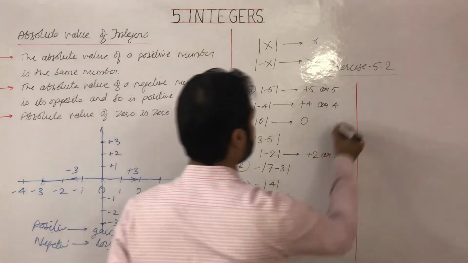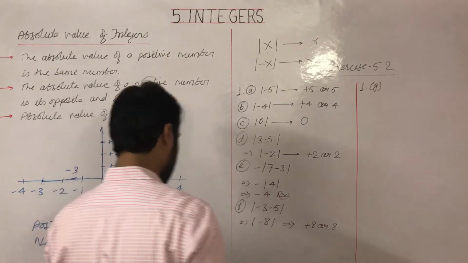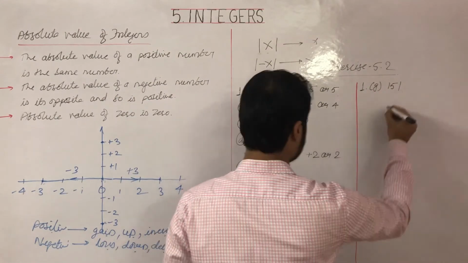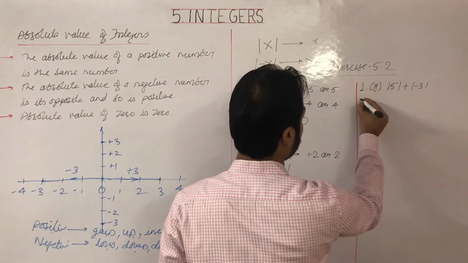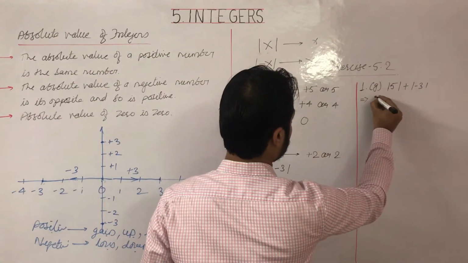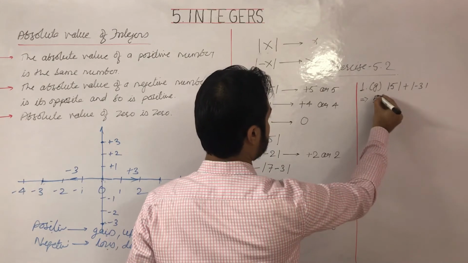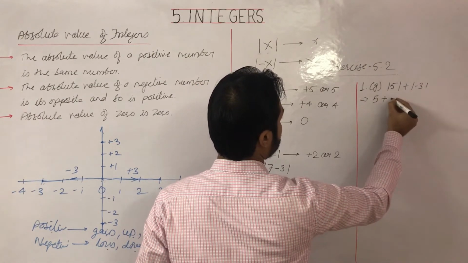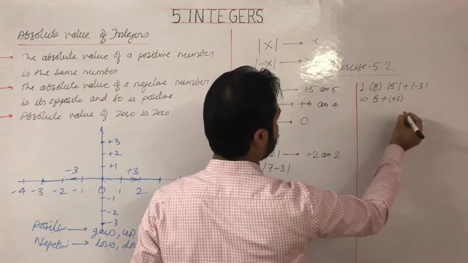Next part, G: mod of 5 plus mod of minus 3. This is your problem statement. In the next step, what to write? 5 is a positive number, so 5, and minus 3, we'll change this minus 3 to plus 3.